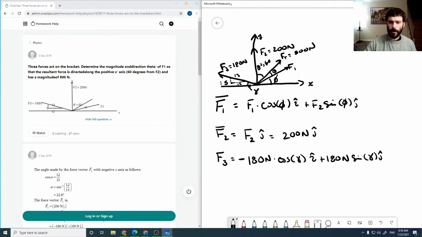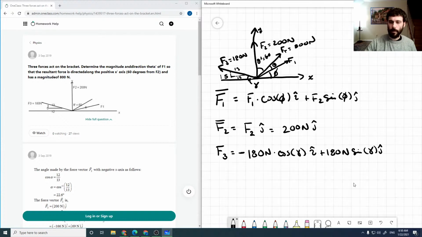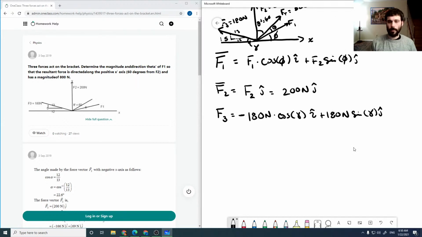So we can solve for our angle here, or we can solve for the values directly. So we're shown for F3 a 12, 13, 5 triangle. So that means that cos gamma, and this is gamma in here, is the adjacent over the hypotenuse, so 12 over 13.